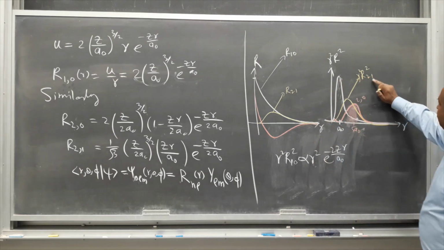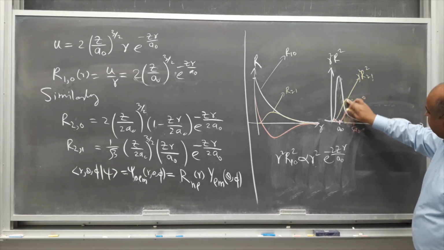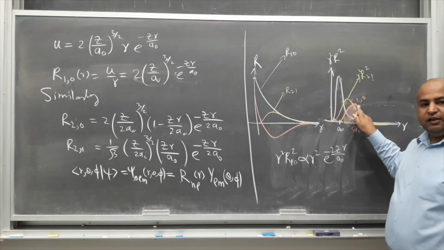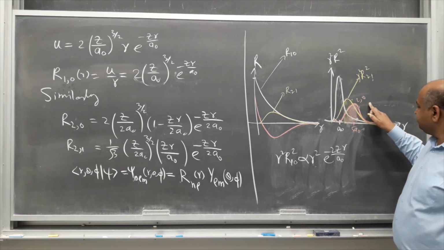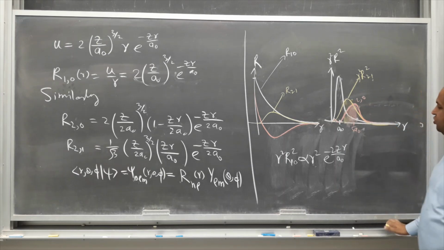So you see, for the l is equal to 1 state, the probability of finding the electron is maximum in a region which is actually nearer to the nucleus than the l is equal to 0 state. Perhaps that's the reason that the first electron would like to fill this l is equal to 0 state than the l is equal to 1 state.